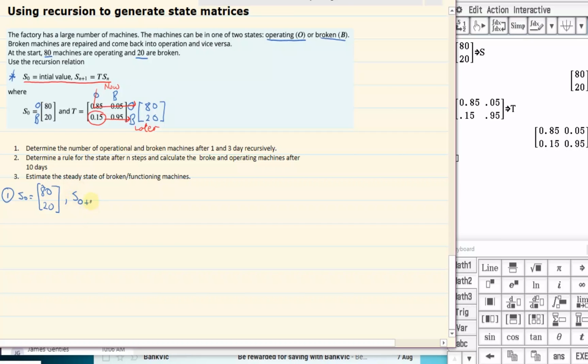And then S0 plus 1, because it's the initial matrix, the first one we've got to work with, is equal to 0.85, 0.15. So just rewriting the transition matrix.